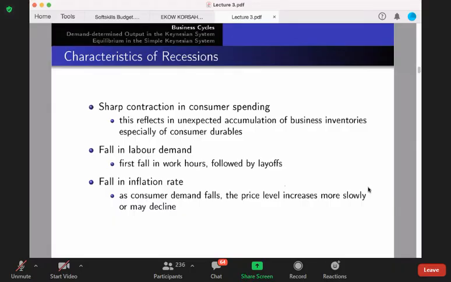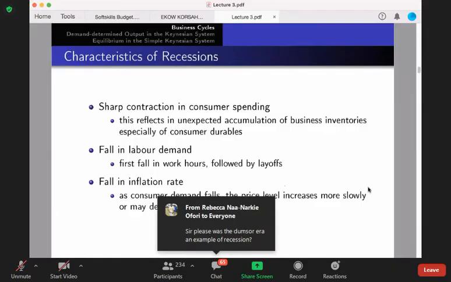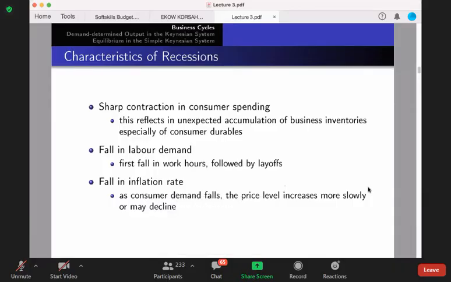Then there's a fall in inflation. If people are not buying, as consumer demand falls, price levels fall. And this you can easily explain. Because there is inventory, how much is being demanded is lower than how much is being supplied.